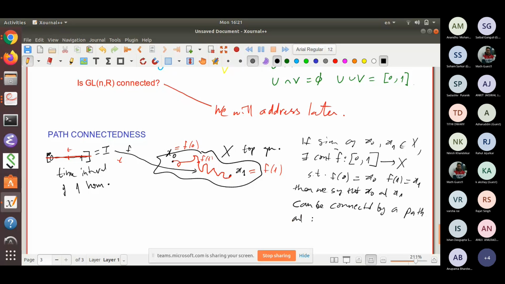And if this happens for all X0, X1 in X, we say that X is path connected. Okay, so this "any" I should remove from here.